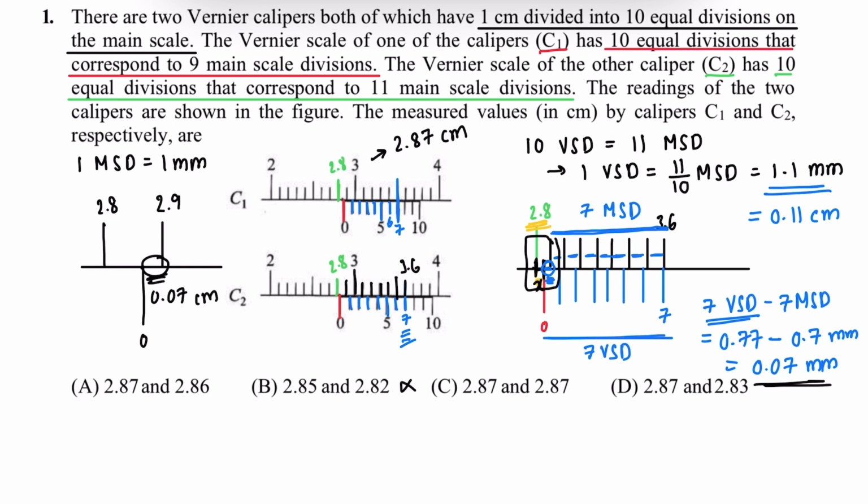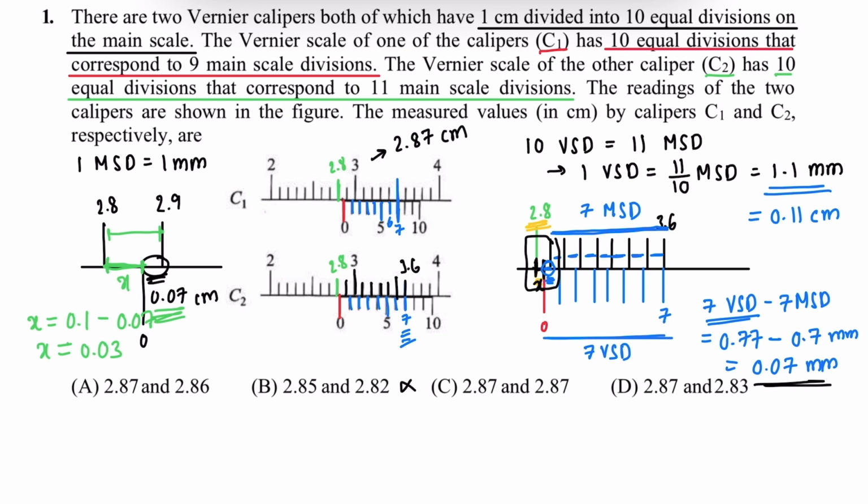Now the x that we're trying to find is this distance right here. This is x. So what would x be? X would be the complete MSD minus 0.07, right? So x is equal to 0.1 minus 0.07, which is equal to 0.03. That is x.